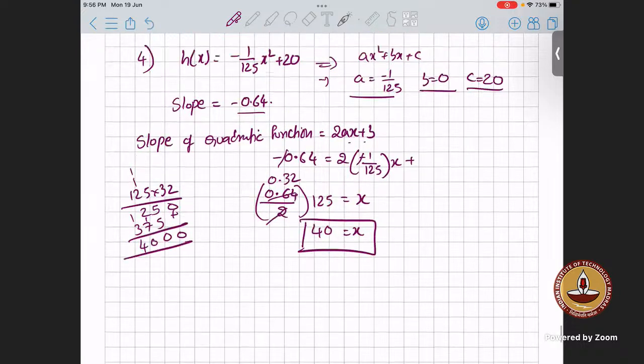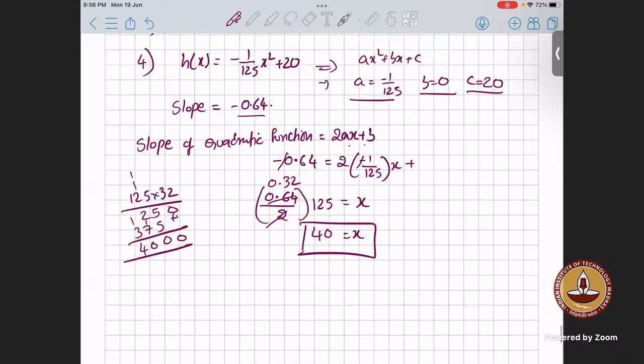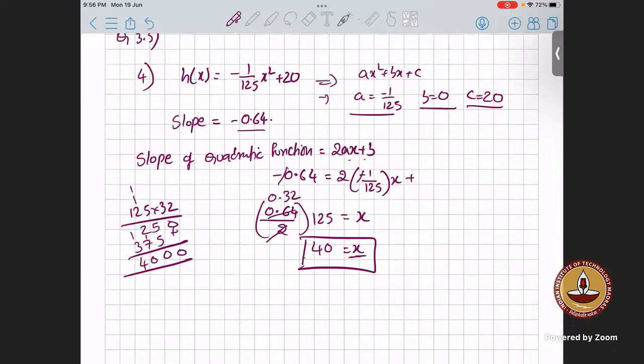Now we need to find the height when the player jumps and takes the header. Choose the correct options. The maximum height reached by the player's head to take the kick is 7.2 feet. Here they gave the x value, but we need the height. So substitute this x value in h of x.